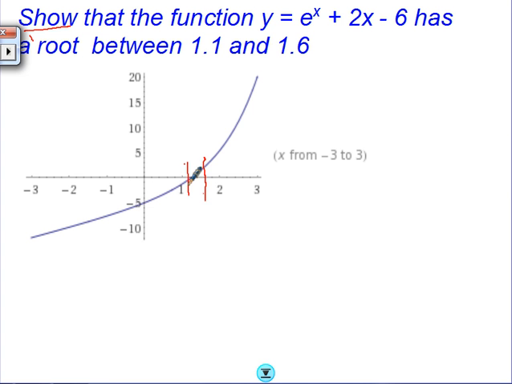We can just about see it there. At 1.1, our curve is below the 0 line, and at 1.6, our curve is above the 0 line. So the graph really does help us here, because it tells us we're going to find that change of sign that we want to show that it has a root.